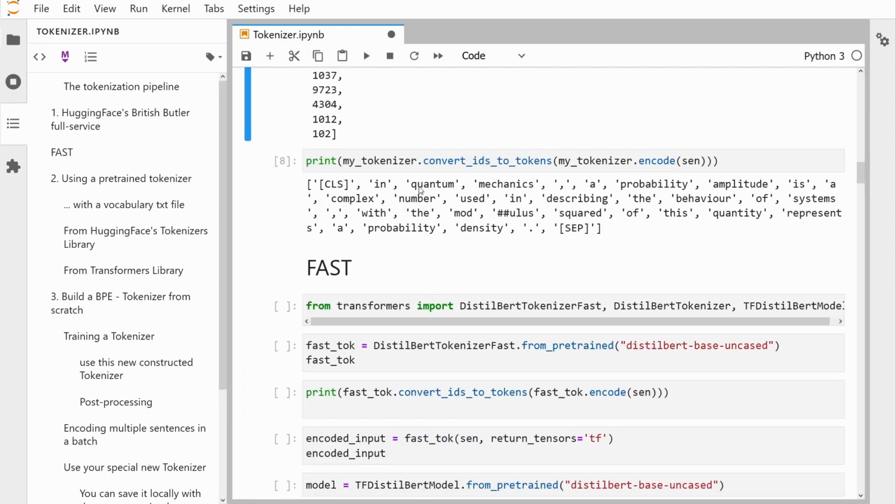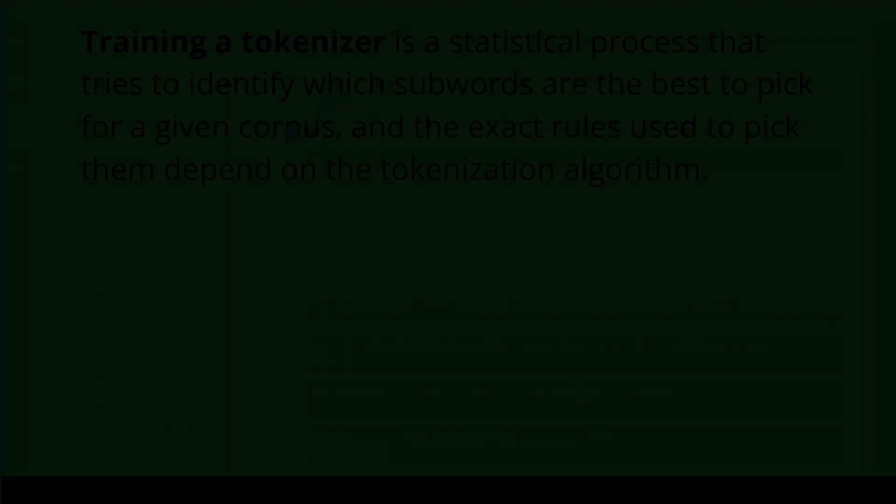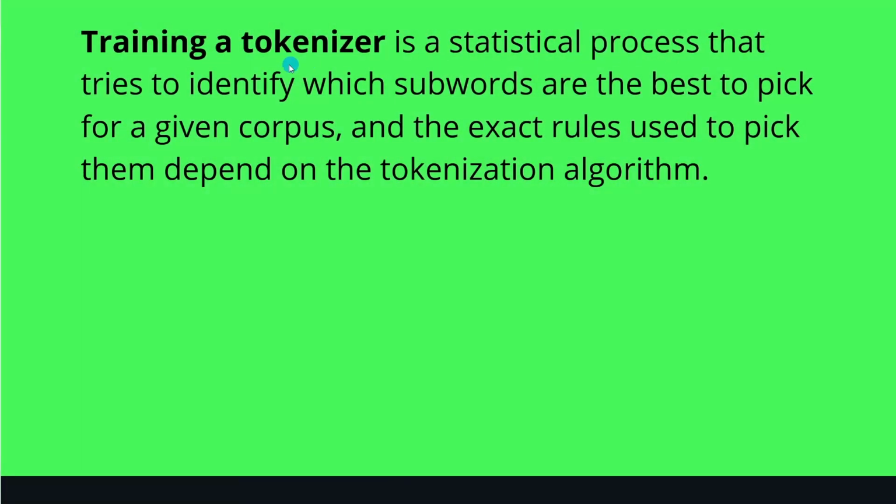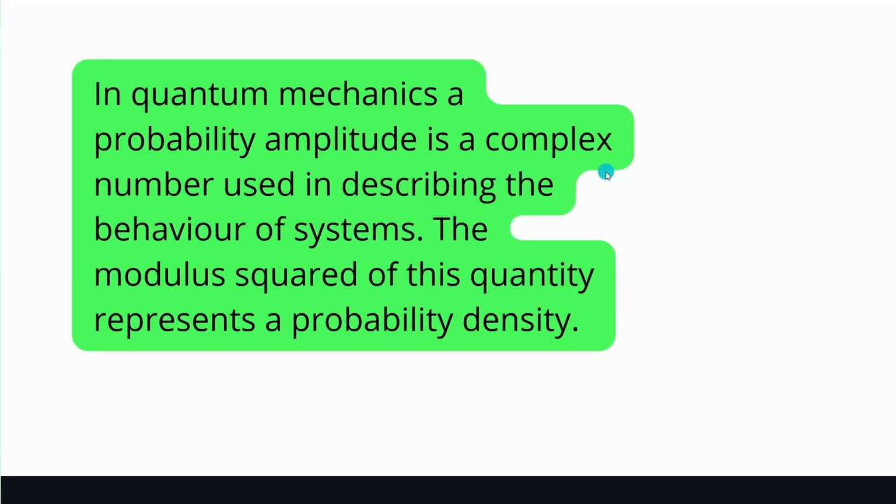And you can be sure that the words quantum and probability are part of the vocabulary, are learned, and therefore this is the way you want your tokenizer to behave. This is great. Training a tokenizer is a statistical process that tries to identify which subwords are the best to pick for a given corpus, and the exact rules used to pick them depend on the tokenization algorithm. Great.